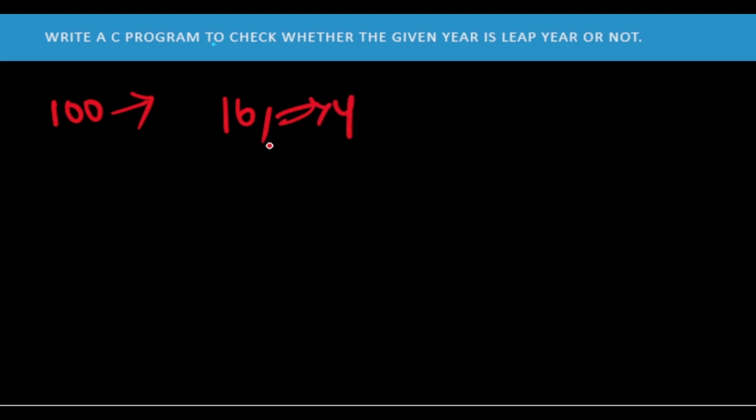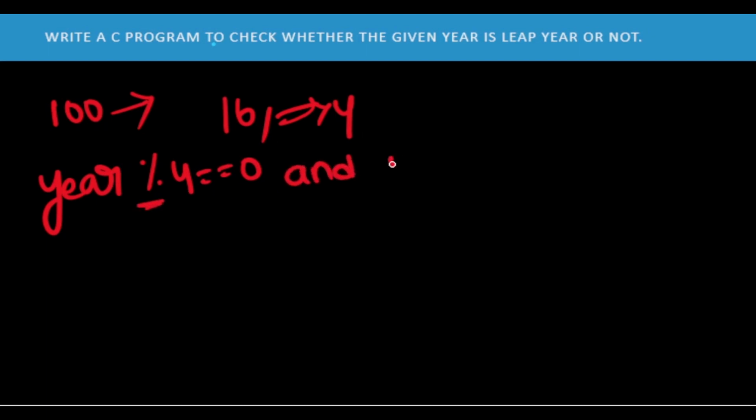Clear? Now, to understand the logic, the given year must be divisible by 4. Whether it is divisible by 4 or not, we check using the mod operator. It should be divisible by 4 and the year should not be divisible by 100.